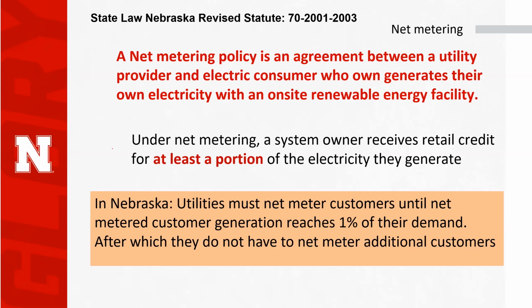This piece of the statute is why there's a difference between the policies in Nebraska, because if the utility hasn't met the 1%, then those customers are net metered if their system meets the requirements. There are now about 6 utilities that have reached that 1%. You want to know if yours has before you put this in, and then you have to figure out what policy they have adopted, and likely it's one of the 2 that I'm going to lay out, either net billing or buy all sell all.